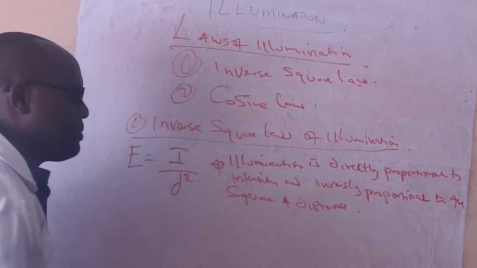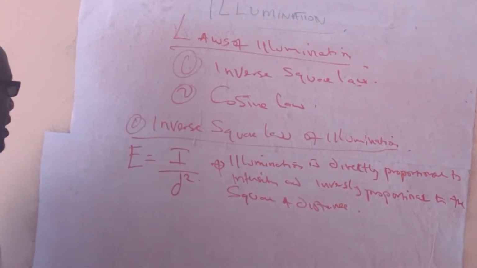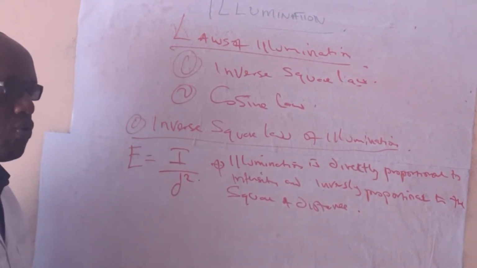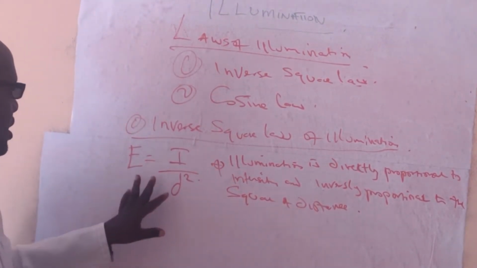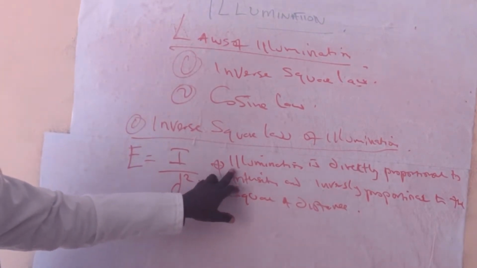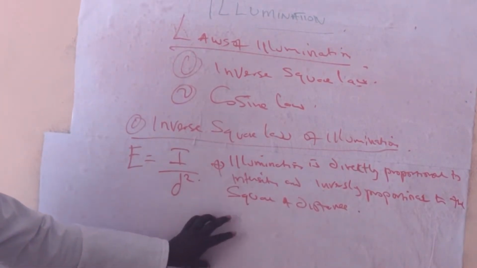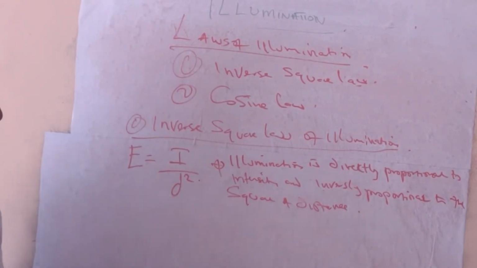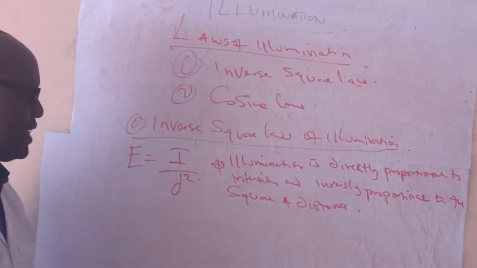So it can be summarized by that formula. That is the inverse square law of illumination. So it says the illumination is directly proportional to intensity and inversely proportional to the square of distance.